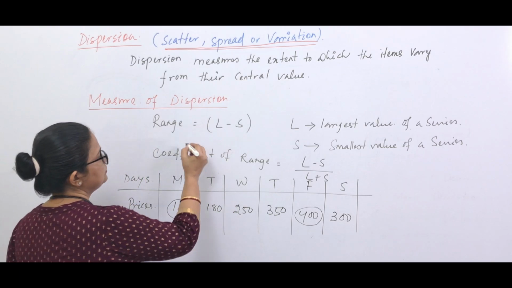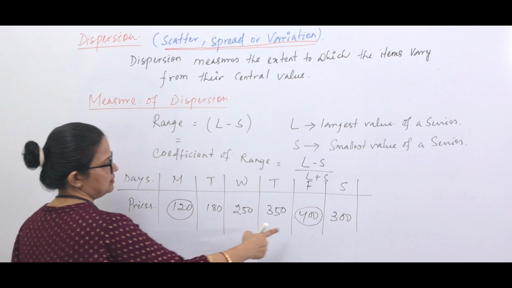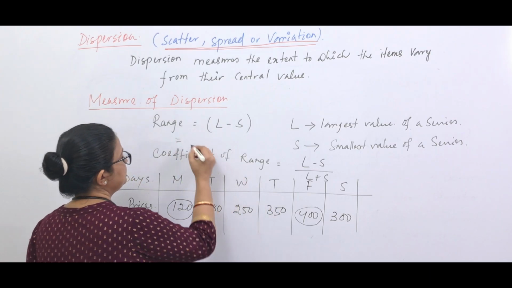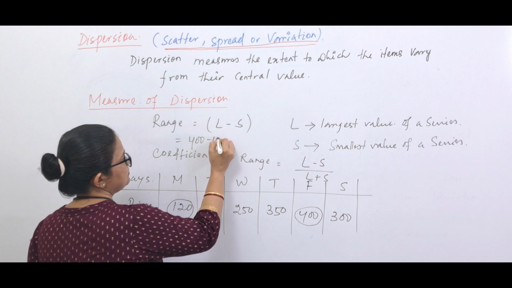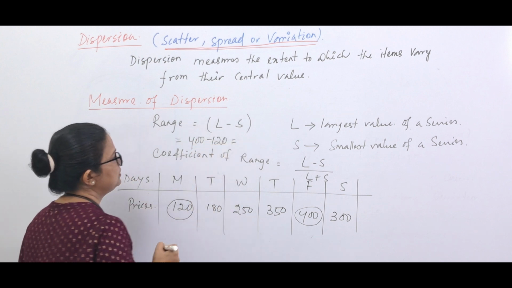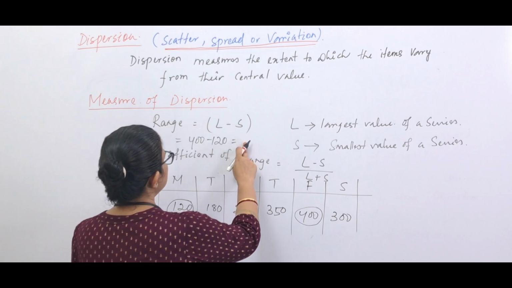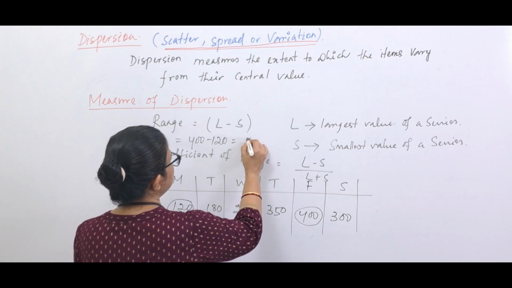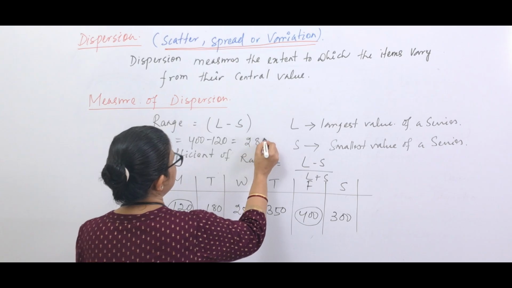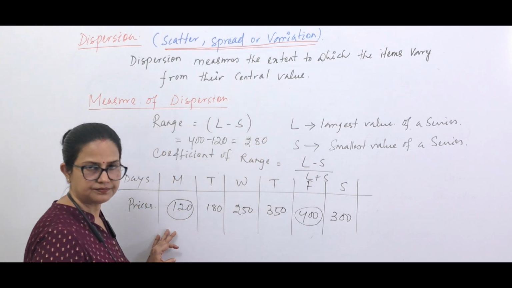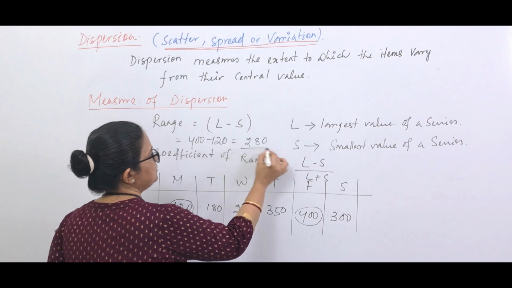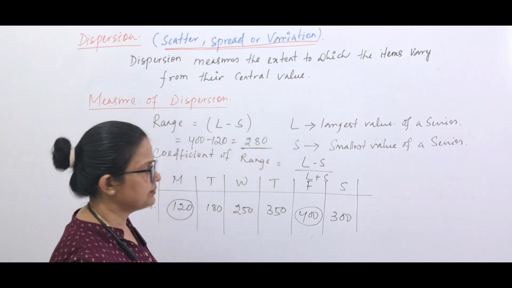Range equals L minus S, that is 400 minus 120, which is equal to 280. So 280 is the range.